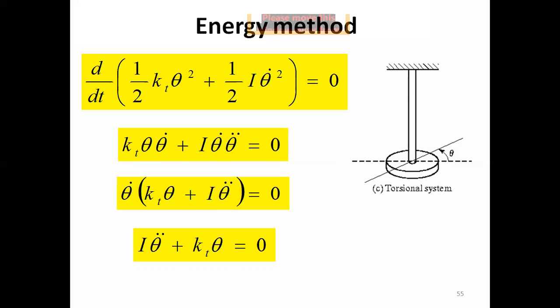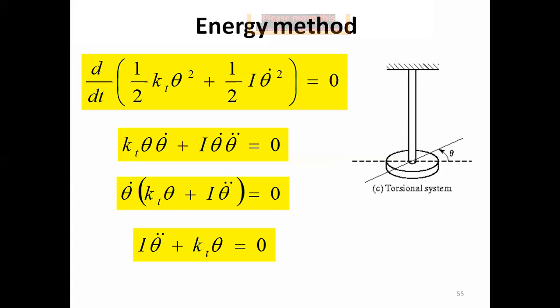So this mathematical equation tells us that either theta dot is equal to 0, or this quantity is equal to 0, or both are equal to 0 at all instances during the vibration. And we know that the velocity is 0 only at the extreme position, and at all other intermediate positions and mean positions it would have a value.